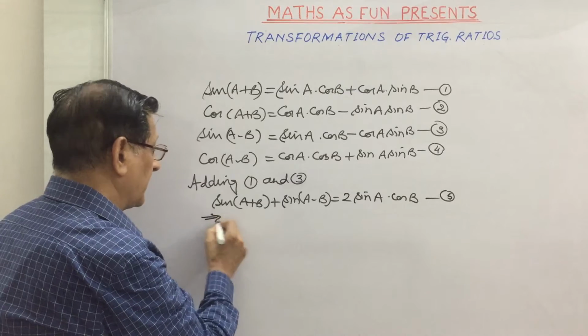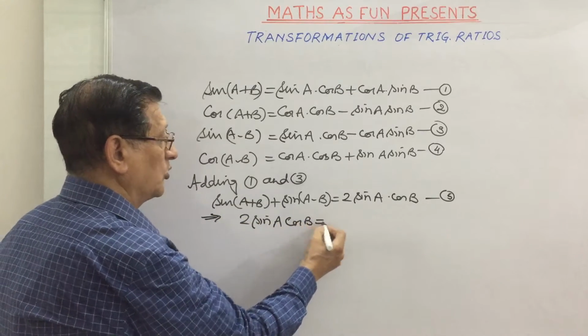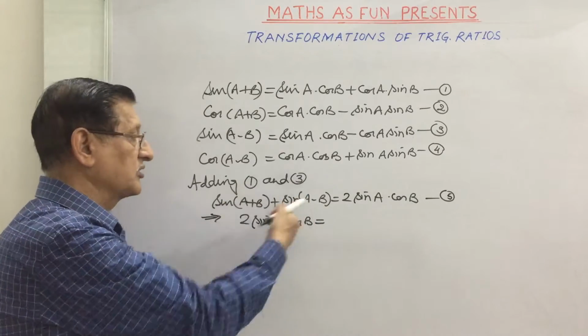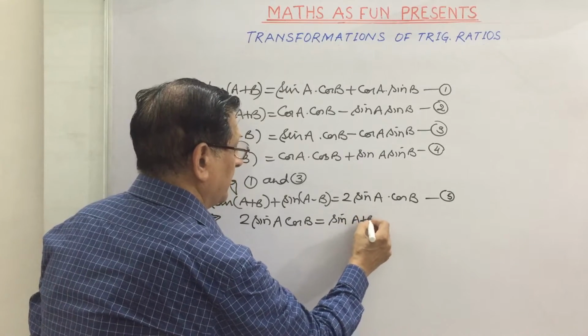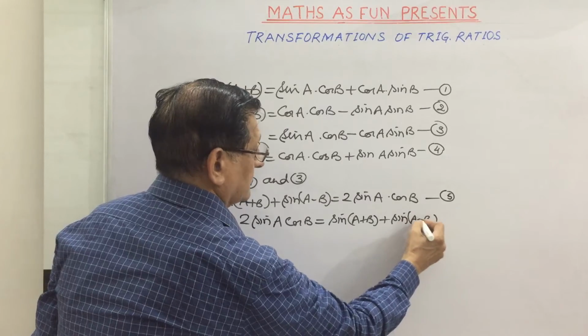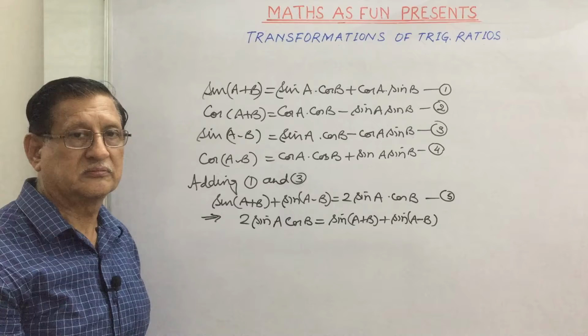It means we will apply if somewhere we are given 2 sine A into cos B. This is the product form, and we want to convert into sum and difference form. This will be written as sine of A plus B plus sine of A minus B. This becomes the first transformation.